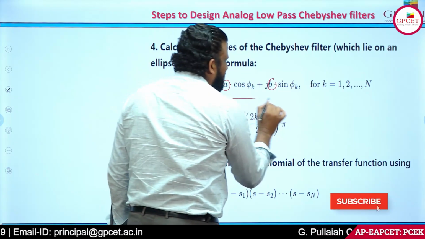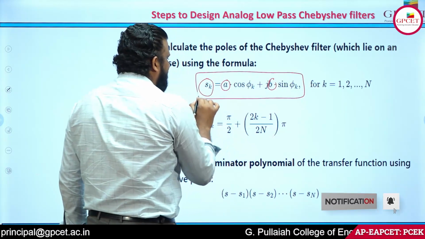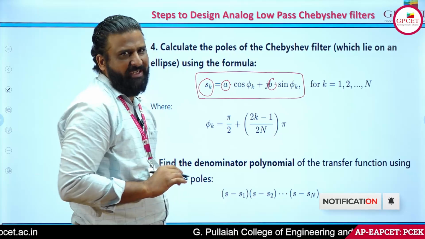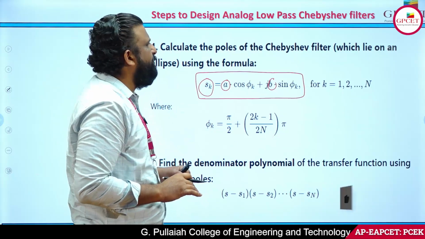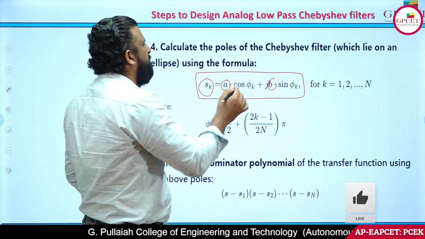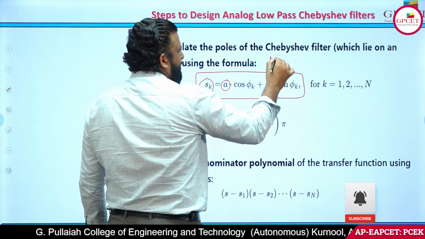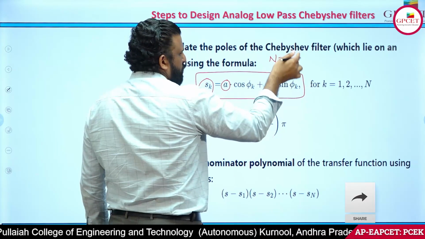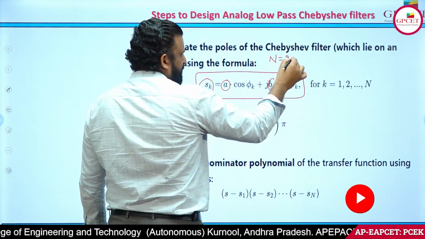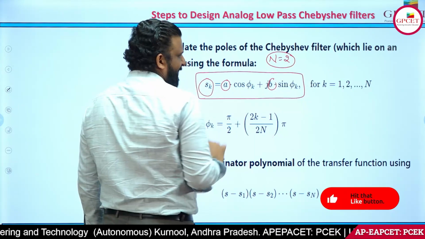This is the formula used to calculate the poles of the Chebyshev filter. How many poles we need to calculate depends upon the value we got in step 2. For example, I told you that if I round off the value in the second step, I got N is equal to 2.